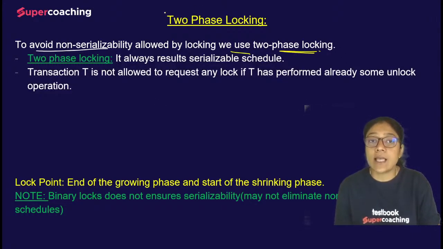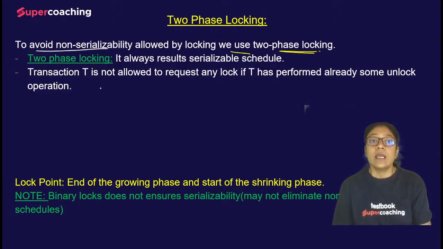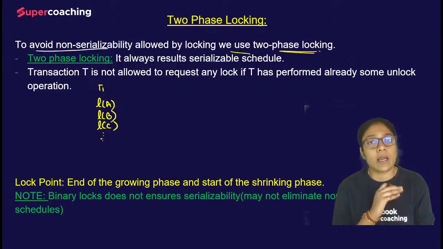Two-phase locking says that we can apply the locks in two phases. That means one phase will be the locking phase and other phase will be the unlocking phase. This simply says that any transaction can request for any number of locks. Lock data item A, lock data item B, lock data item C. Like this, a transaction can request for any number of locks.